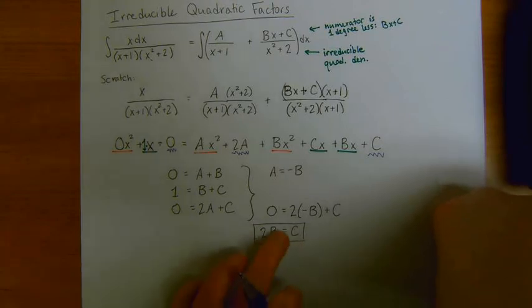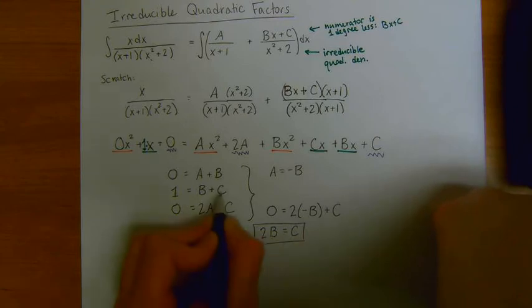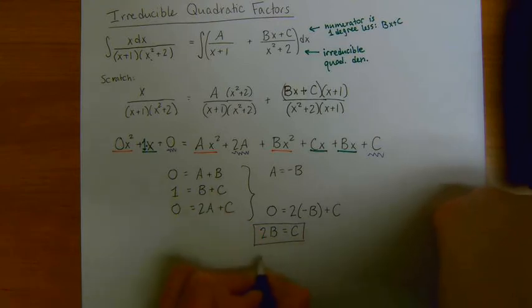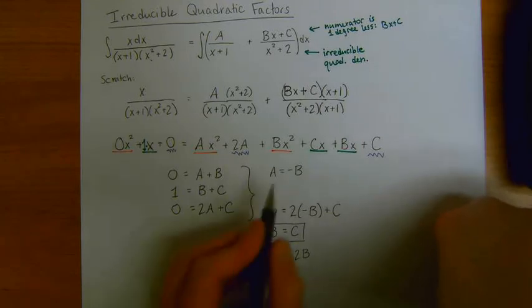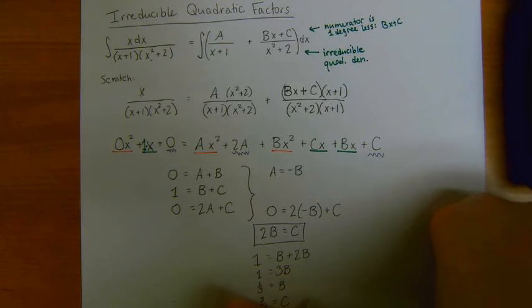I'm going to combine this information with this information. 2b is equal to c, so I plug that into this equation. 1 would then be equal to b plus 2b, so 1 is equal to 3b, and 1/3 equals b. If 1/3 equals b, then 2 times 1/3, or 2/3, equals c, and because a is equal to negative b, a is equal to negative 1/3.